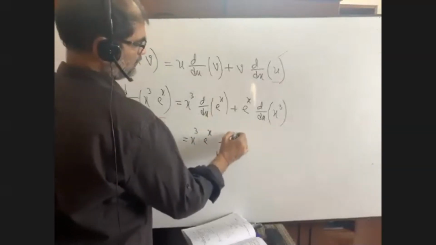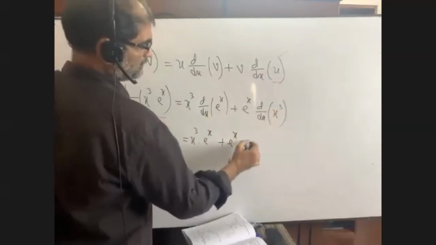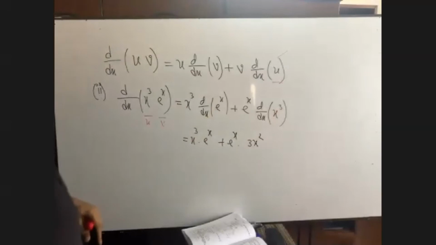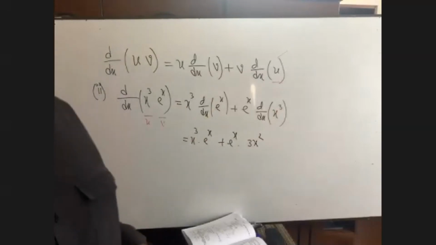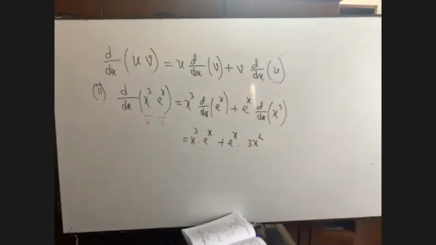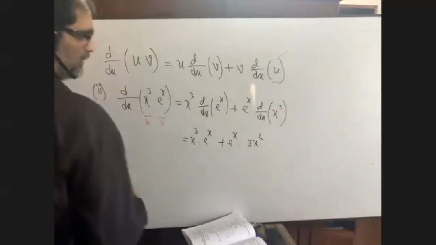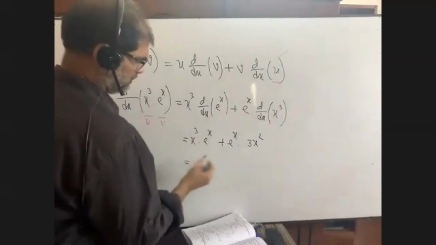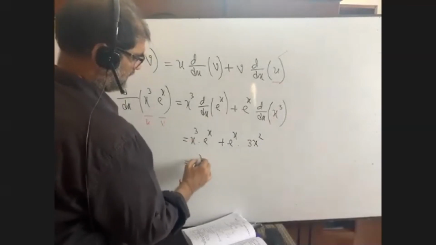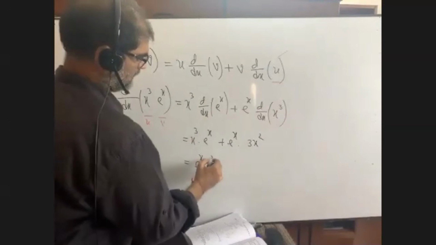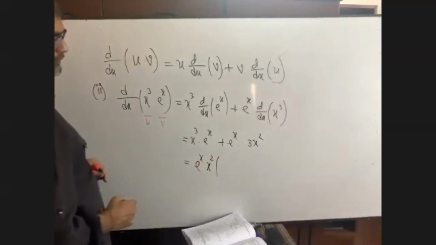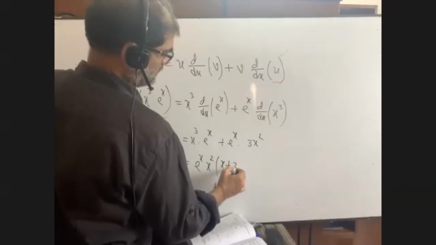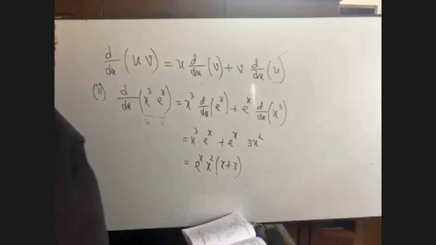What is the differentiation of x cube? 3x square. Now you can take e to the power x common. So we are left with x plus 3. Our math is done.